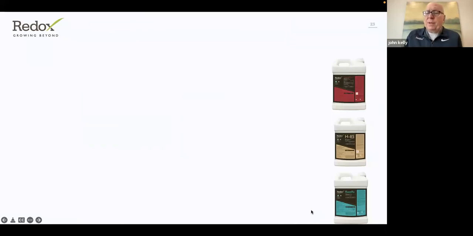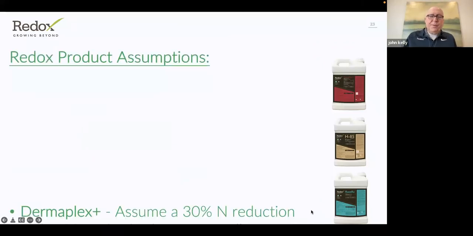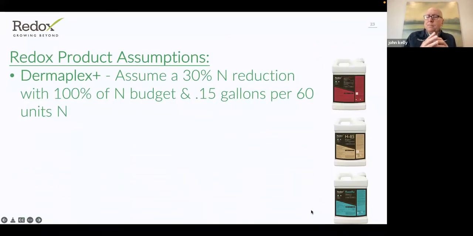Now, how would we implement these, and what could we expect to see? What would the benefit be? Well, let's start with Dermaplex Plus. If our objective is a 30% nitrogen reduction, first and foremost, we need to be sure that when we're reducing, from what? If we're already very efficient, very lean, we cannot expect that high of a response.